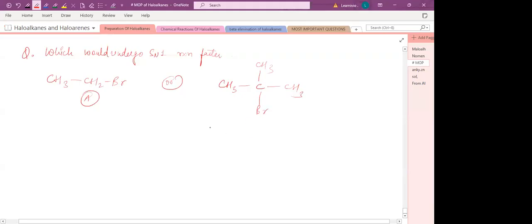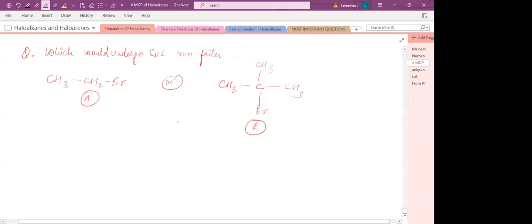This is B. Now just tell me and give me the reason also. Rate of SN1 reaction is directly proportional to the number of alkyl groups. A or B? Just tell me which one is faster.